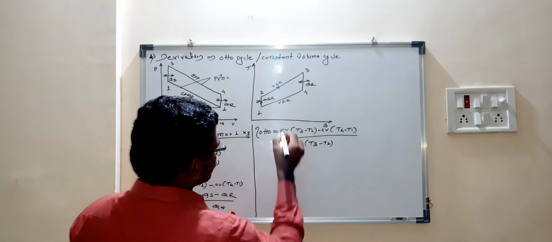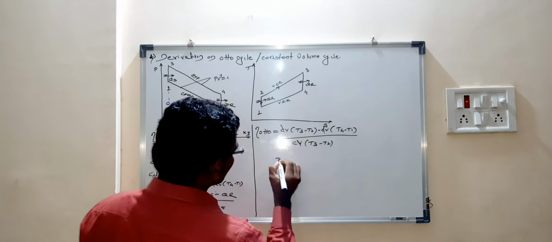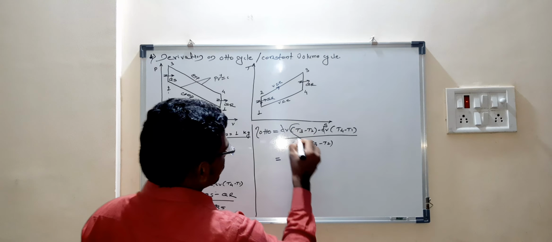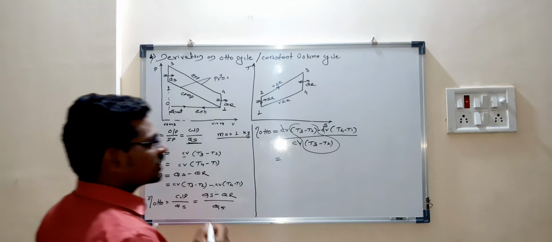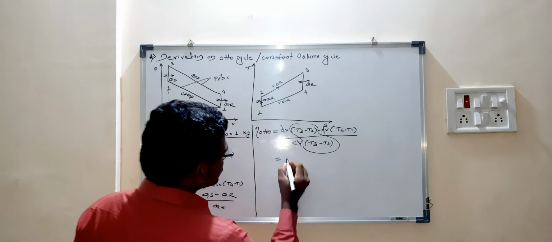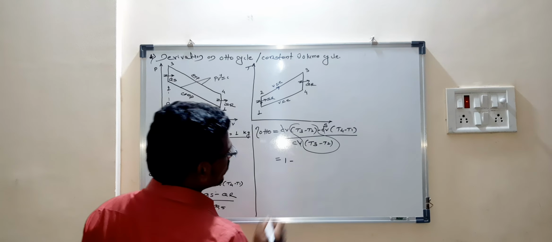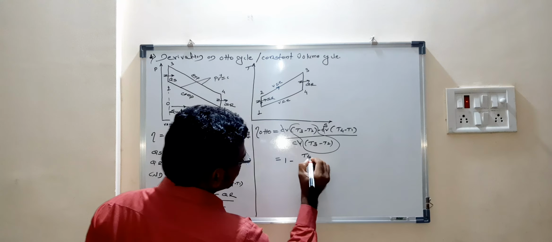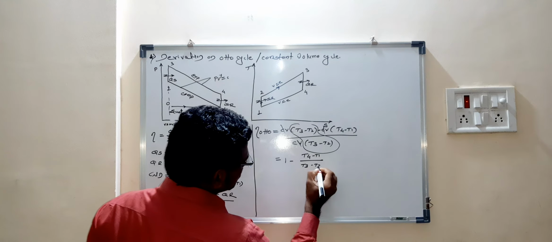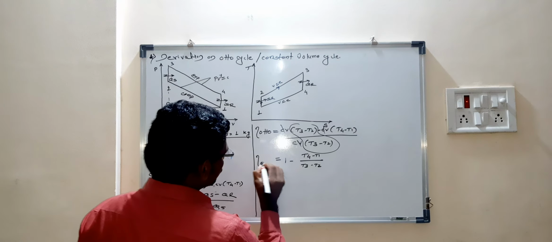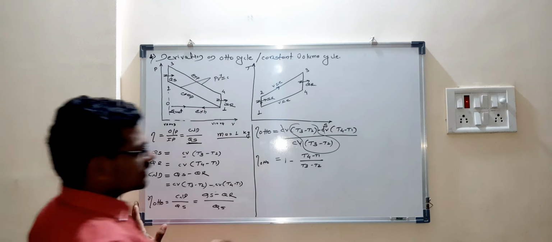Okay, so Cv and Cv will get cancelled. Again, T3 minus T2 is available in the denominator as well as the numerator, so you can take it outside: 1 minus (T4 minus T1) divided by (T3 minus T2). Okay, so that is the equation for the Otto cycle.